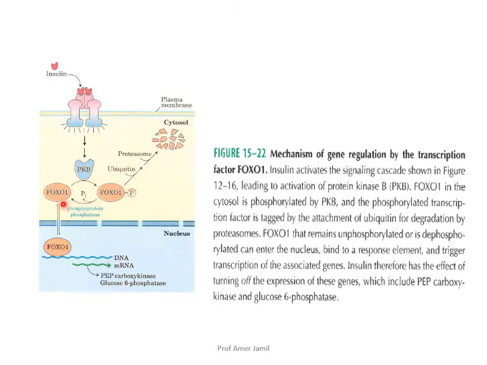It can only cross the membrane when it is dephosphorylated. So as opposed to carbohydrate response element binding protein, FOXO1 crosses the nuclear membrane when there is no phosphate attached to it, and the other function remains the same: the binding of the transcription factors, mediators, and finally RNA polymerase to do the transcription.